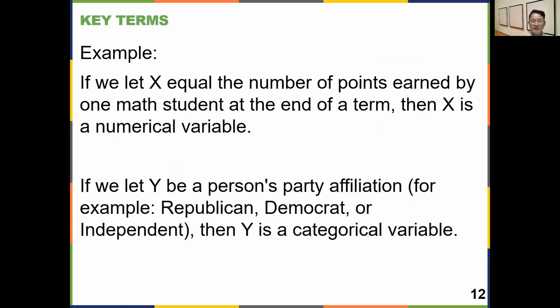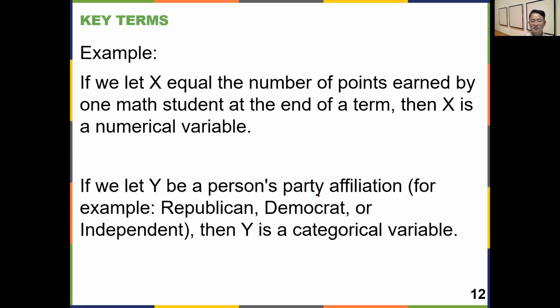So let's say your exam score at the end of the term. Do you think that's going to be a number, or is it going to be A, B, C, D? Well, if they give you the final grade in A, B, C, D letter grade, then it's going to be categorical. But once you take one exam and you get your exam score out of, let's say, 50, then that's going to be a number form. Then it's going to be a numerical type of variable.